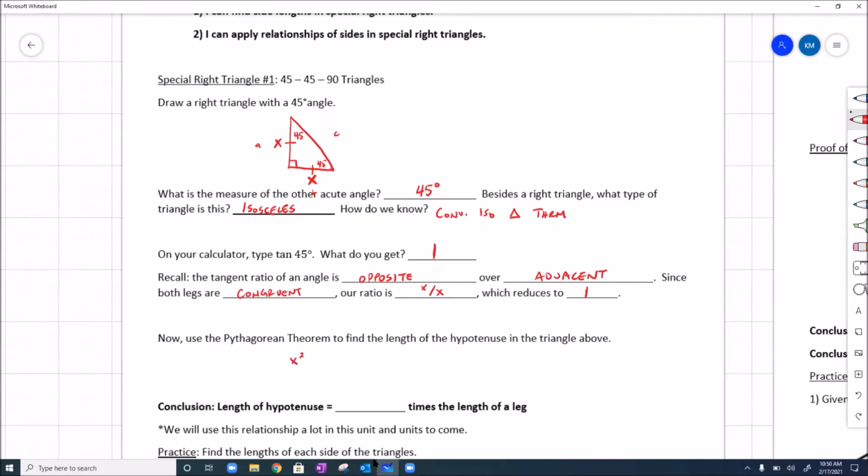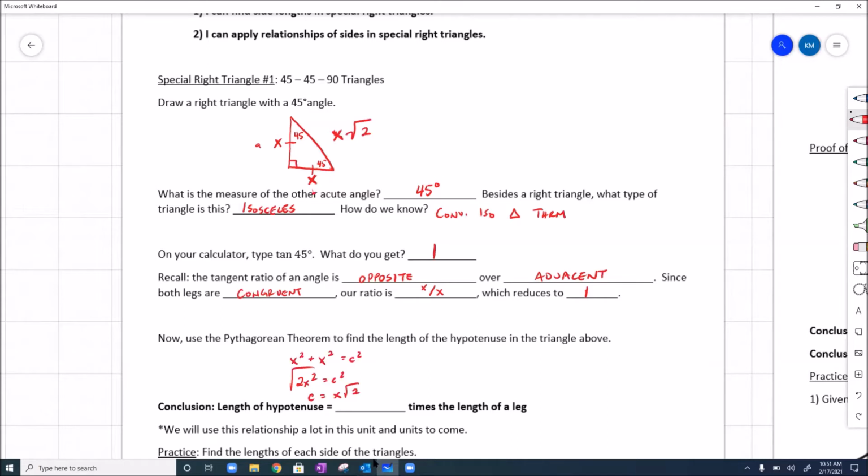So x squared plus x squared equals c squared. 2x squared equals c squared. We have to take the square root of this. When we take the square root, x has a pair, so it goes out. 2 doesn't have a pair, so it stays in. We see that the hypotenuse is x times radical 2. We'll just write it as x radical 2.